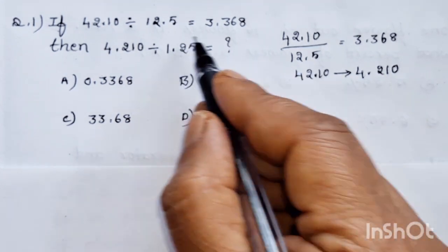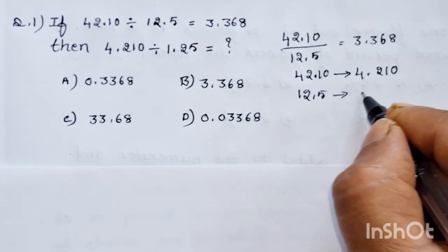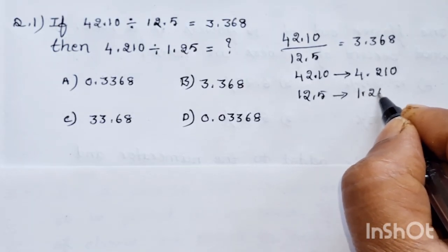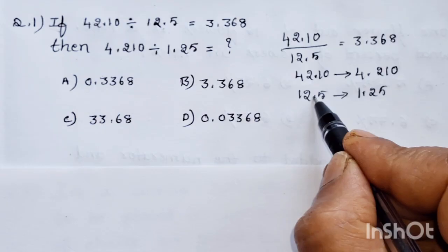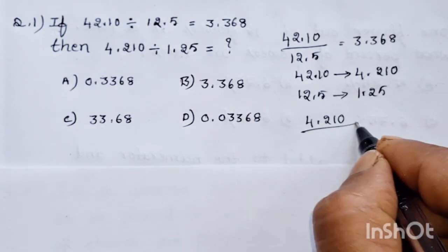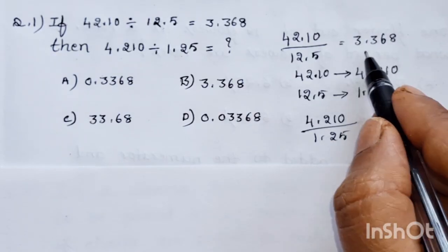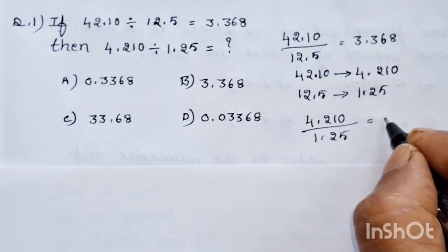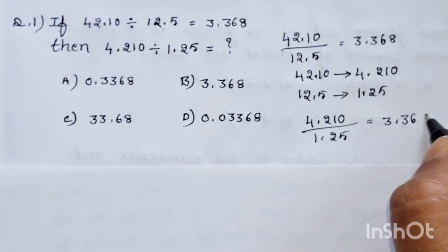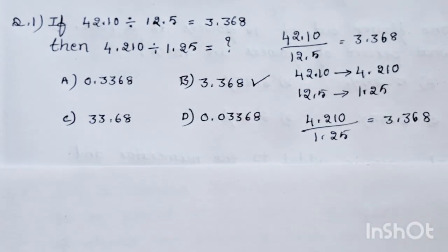And 12.5 has become 1.25. Here also, the decimal point has jumped to the left side by 1 digit. And 4.210 is divided by 1.25, and both the jumps cancel each other and the answer remains the same, that is 3.368. So the correct option is B, 3.368.